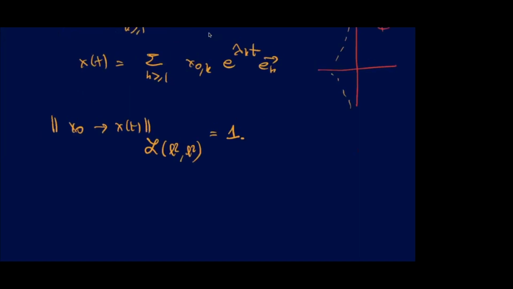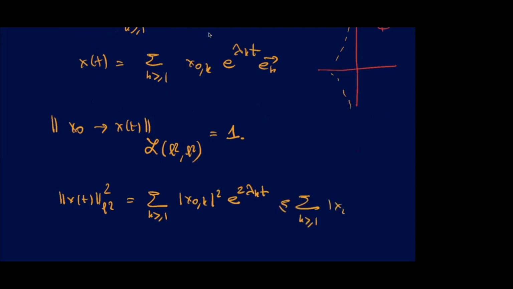Why? Because if I take the norm of xt in little L2, because of this Fourier series representation, the norm squared will be simply equal to the sum for k greater than or equal to 1 of x0 k squared times exponential 2 lambda k t, and this is less than the sum over all the Fourier components, which is just the norm of the initial datum in L2 squared.